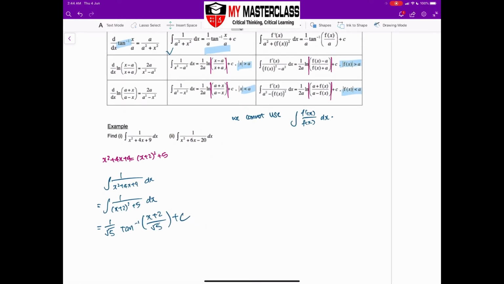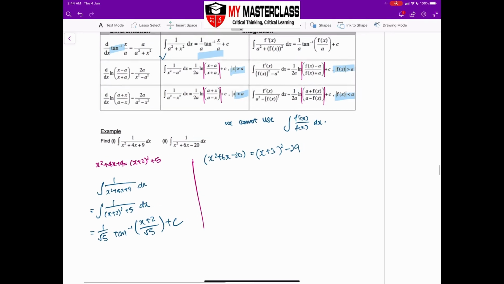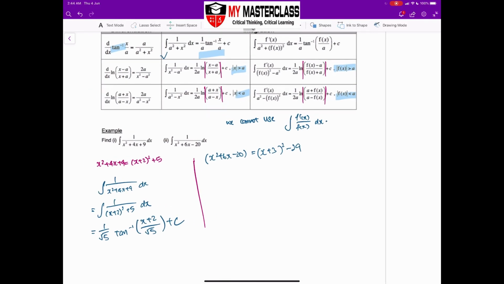Same thing for part 2, if you do a completing the square, it should give you x plus 3 squared, and with a quick calculation, minus 29. So if you put it into integration format, the integral of 1 over x squared plus 6x minus 20 will give me the integral of 1 over x plus 3 squared minus 29 dx.